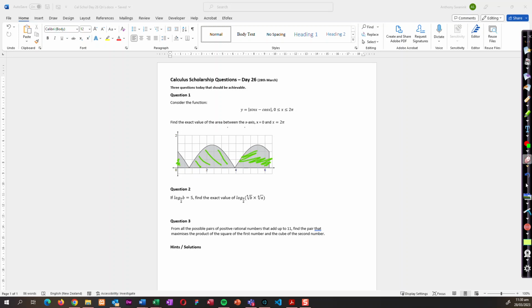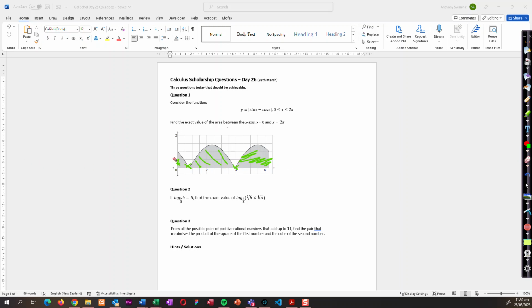So if that's the case, then we can just get the area from this point here to this point here, okay, and then, as I say, double that to get the total area.